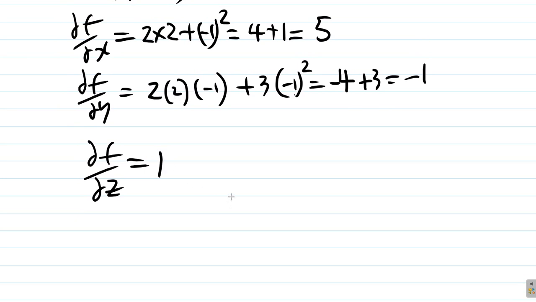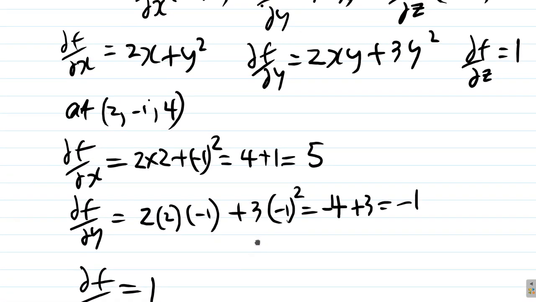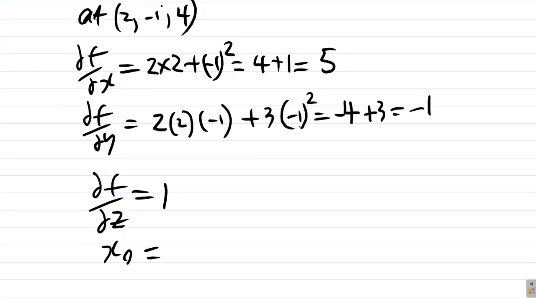All right. Now, also, we know that x naught is 2, y naught is -1, z naught is 4.